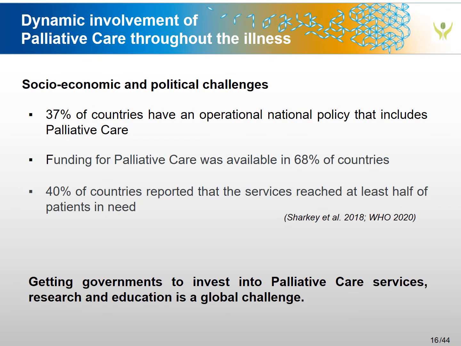Palliative care is least likely to have funding available compared with other core services. And there is a large country income gradient for palliative care funding, oral morphine availability, and integration of palliative care services at the primary levels of the health system.